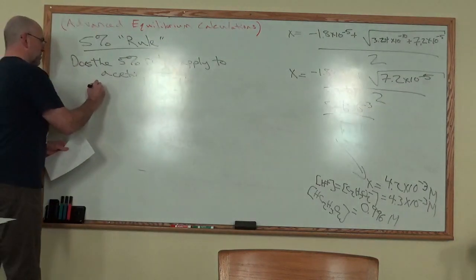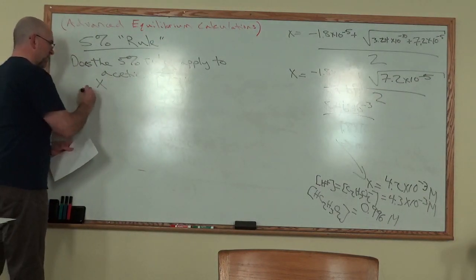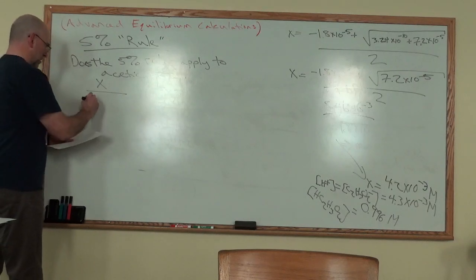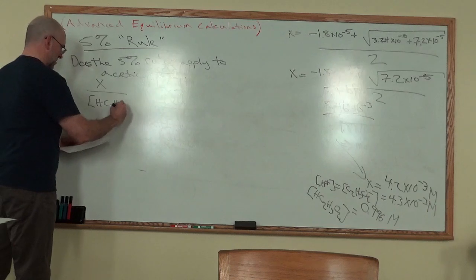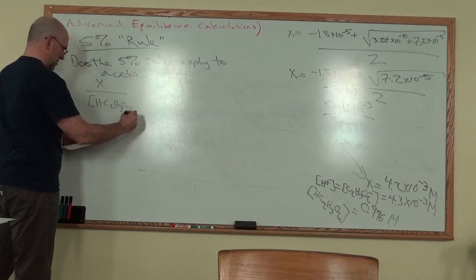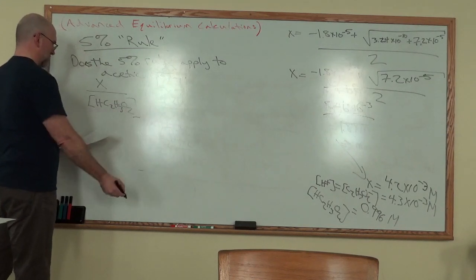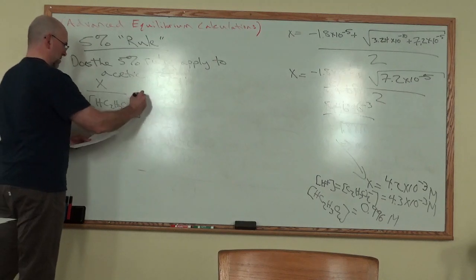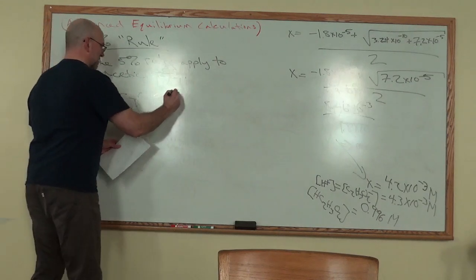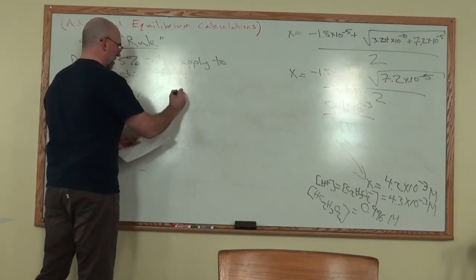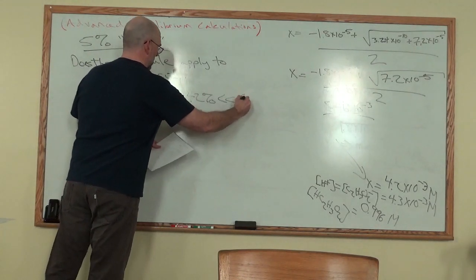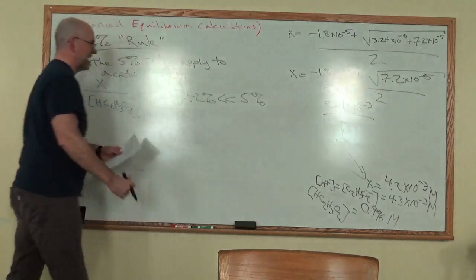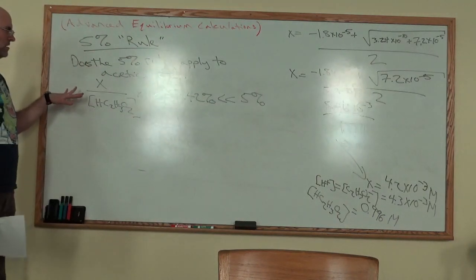So what we do is you take your calculator. I kind of did this, but I'm doing it a little backwards. Just bear with me. That percent ionization is actually this.